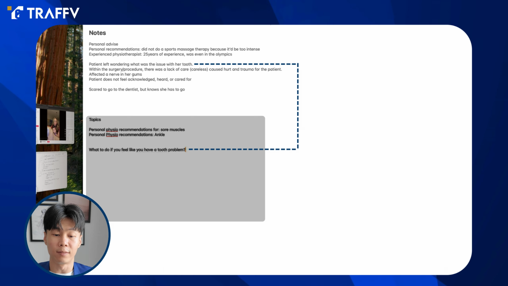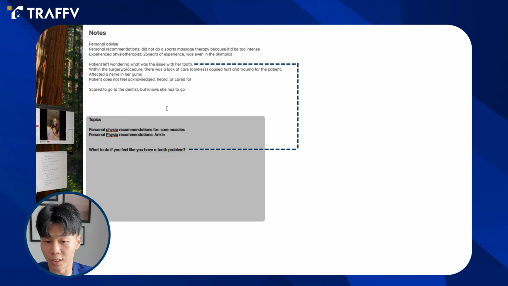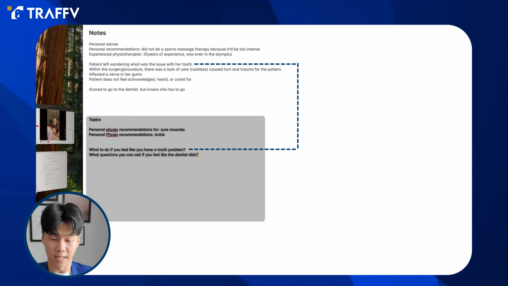Because you can see here, patients left wondering what was the issue with a tooth. And then what questions you can ask if you feel like the dentist didn't give you an answer.